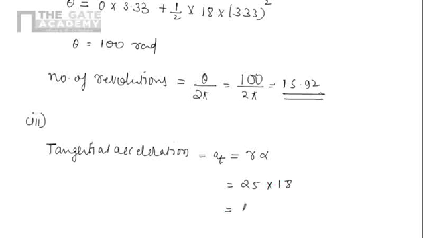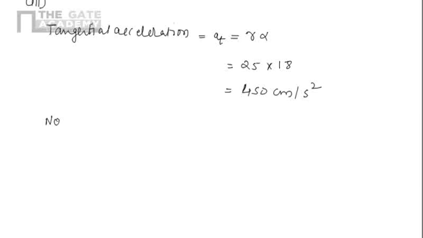So it will come 450 centimeter per second square. Now the normal acceleration is nothing but a n equals r omega square.